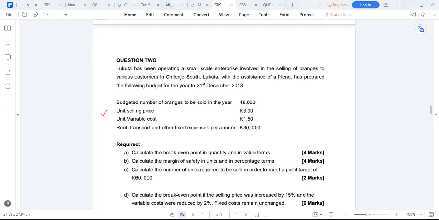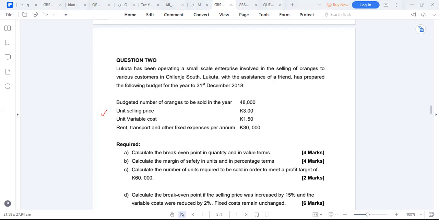The components we need to understand are fixed costs. These are expenses that remain constant regardless of production levels, such as rent, salaries, insurance, etc. We also have variable costs. These are expenses that change with the levels of production or sales, for example raw materials, labor, utilities.